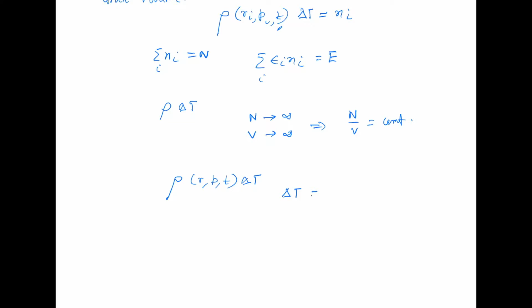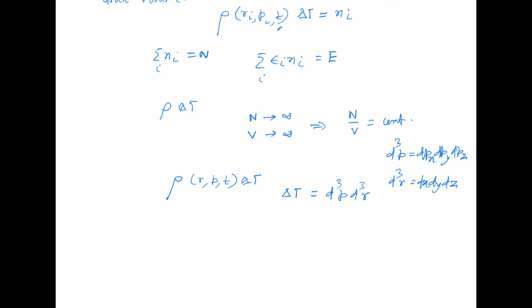That means delta tau will be represented as d3p d3r, where d3p means dpx, dpy, dpz, and d3r means dx, dy, dz.